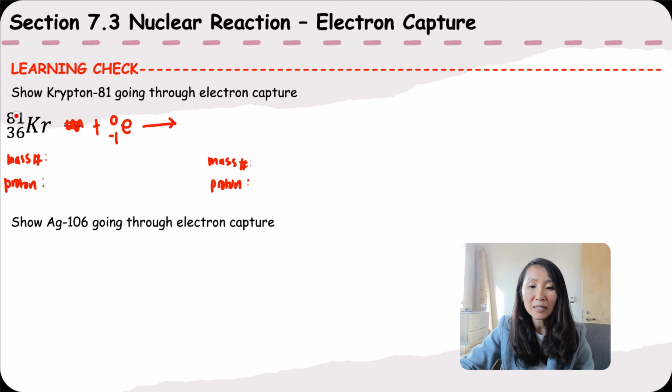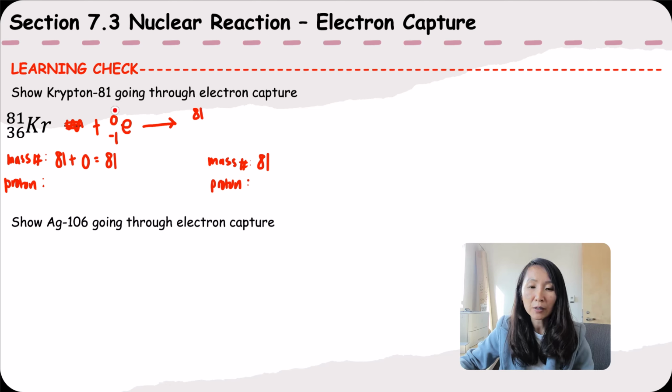The mass number is 81. So I write 81 plus, and the mass number for electron capture, this particle, would be 0. So I have a total of 81. That means in total, I should have 81 on the right side. And there should be just one atom formed, so that's 81.